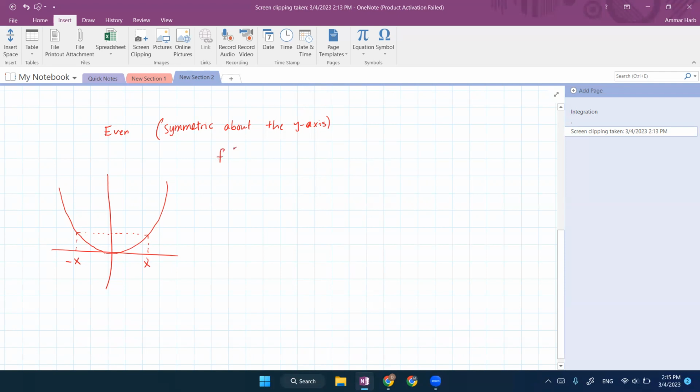So it also means that f of negative x is equal to f of x. So that's the algebraic meaning of the even function, and the graphical meaning is the symmetry about the y-axis.